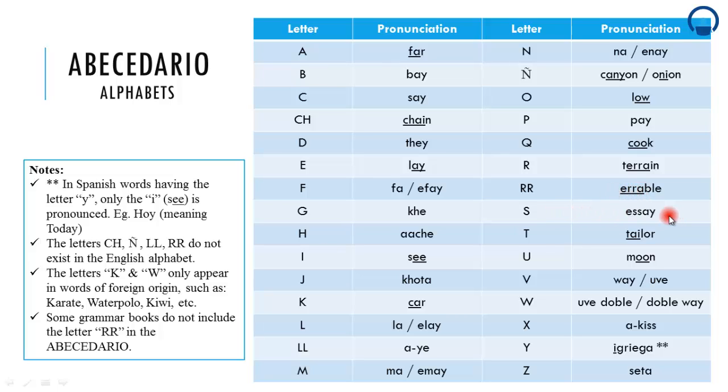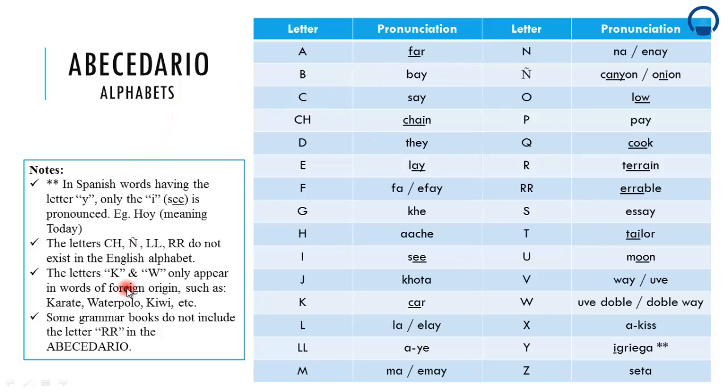S, T, U, V or uve. W uve doble or W ek akis. Y, Z or Z as zeta. Now that's the 30 letters we have, the 30 alphabets in Spanish.